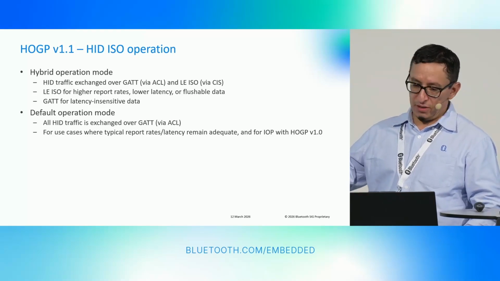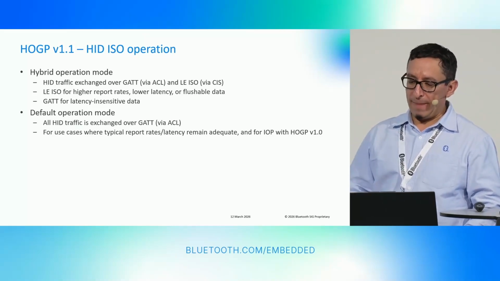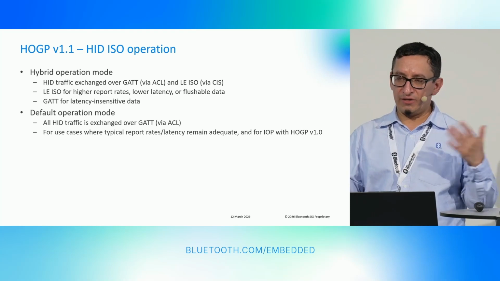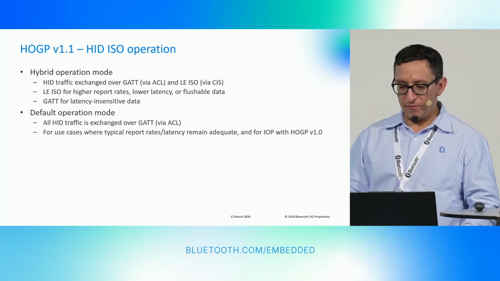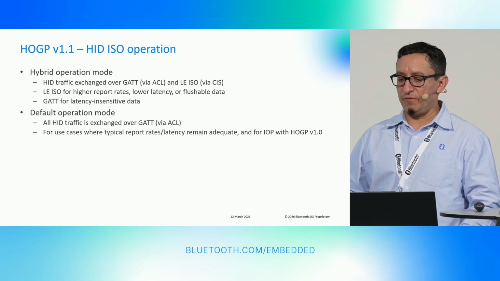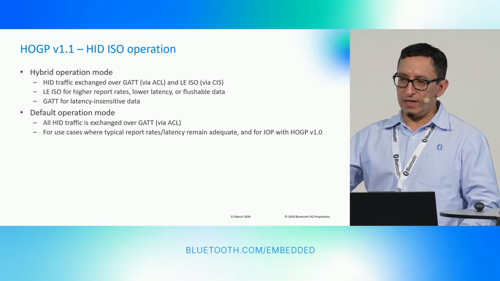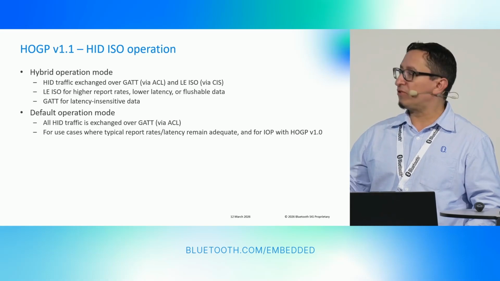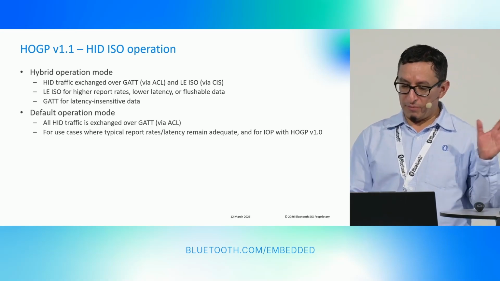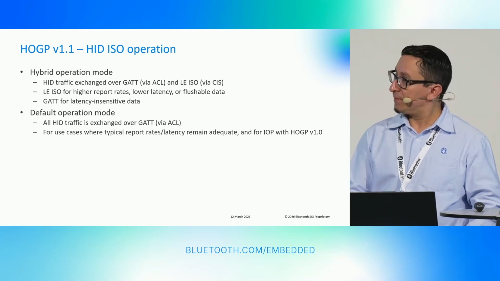With the introduction of this new hybrid mode, the legacy mode for HID traffic exchange over GATT is now referred to as the default mode in this profile. And default mode is there for use cases where the typical report rates achievable with HID over GATT are adequate, and for interoperation with the HID over GATT profile version 1.0.